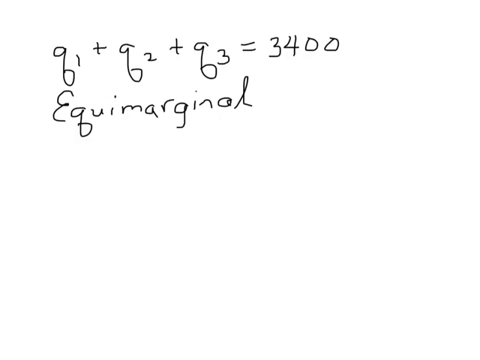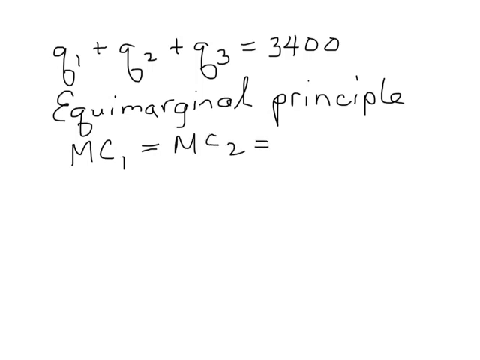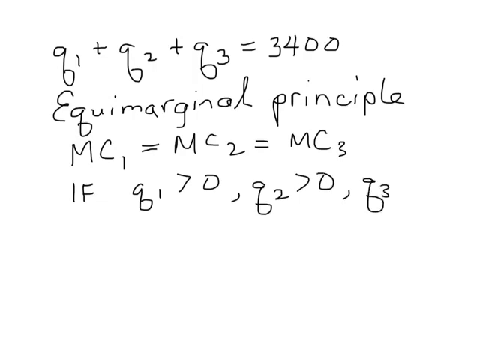The equimarginal principle in this case tells us that at the lowest cost cleanup option, the marginal cost of method 1 should equal the marginal cost of method 2, should equal the marginal cost of method 3, if Q1 is greater than 0, Q2 greater than 0, Q3 greater than 0.